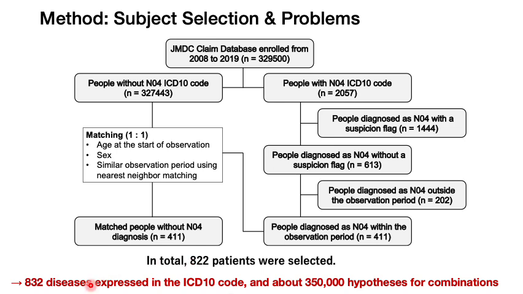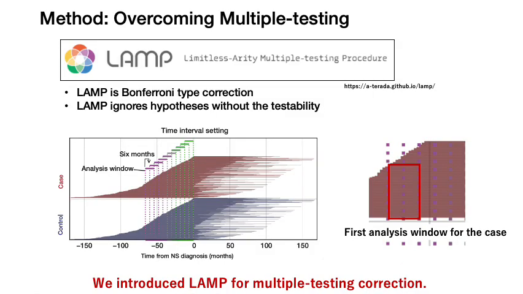They had 832 diseases expressed in the ICD-10 code and about 350,000 hypotheses for combinations, so we encountered multiple testing problems. To overcome multiple testing problems, we introduced the limitless arity multiple testing procedure (LAMP) collection method into time series analysis with the Fisher exact test.